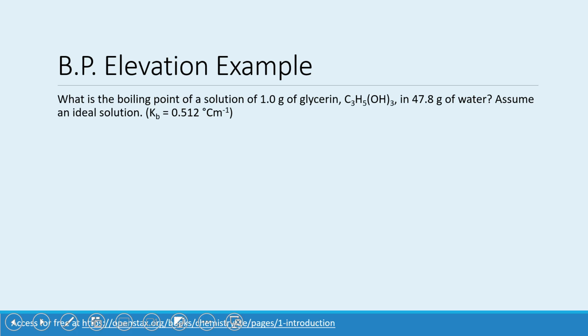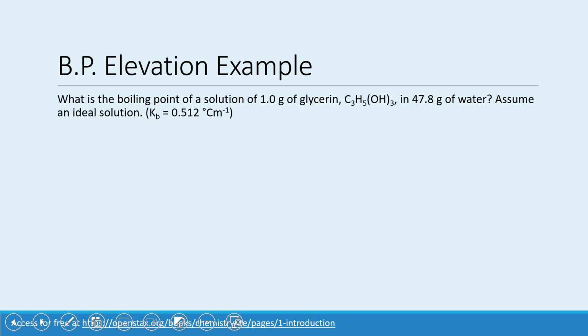So what is the boiling point of a solution of 1 gram of glycerin in 47.8 grams of water? And they do give you the Kb value. So if they don't give that to you in your homework, just know that you can look up boiling point and freezing point constants, those K values, in your textbook or online, okay? But they'll be provided to you on a test.